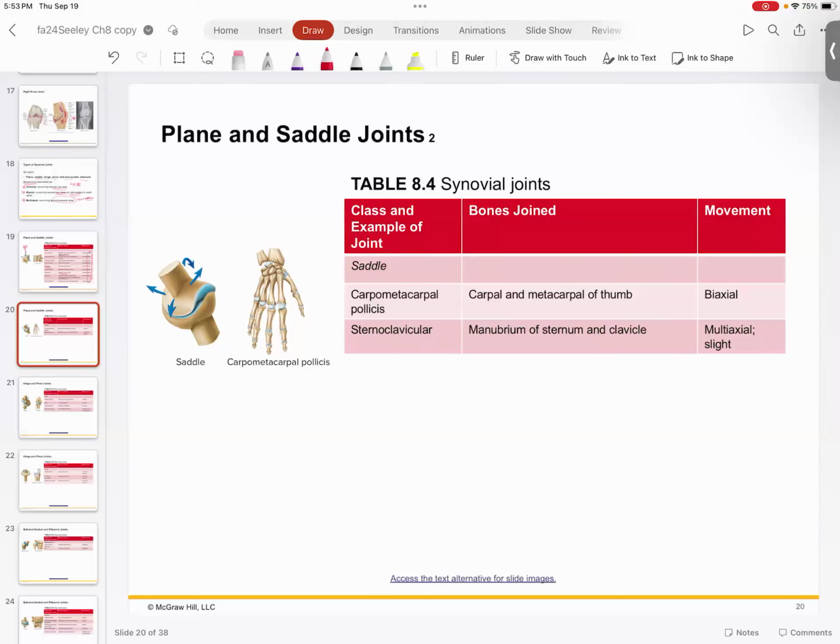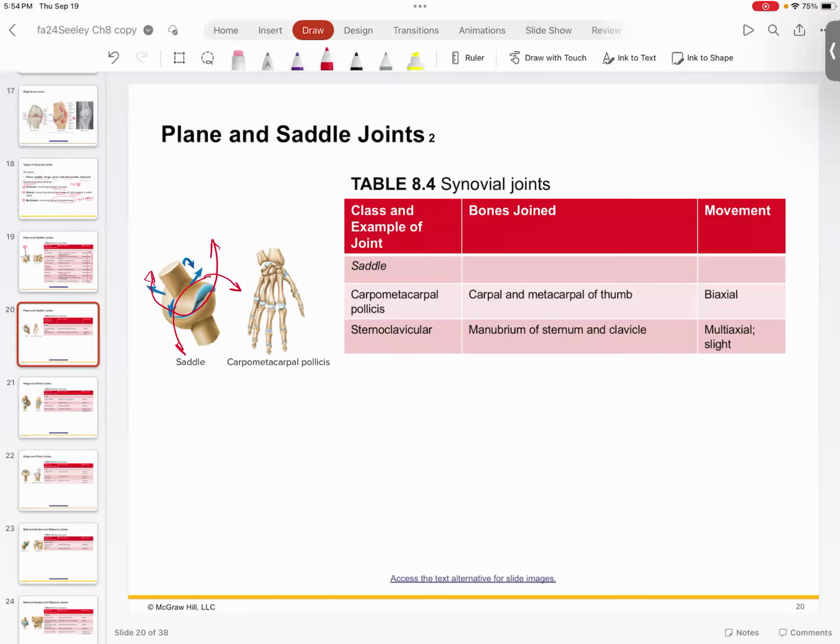The saddle joints are a little bit different. It's essentially where you can kind of pivot and rotate. For instance, this top one can roll in this direction, and then this bottom one can do the opposite. It can roll underneath it in this direction. So that's a saddle type of joint.